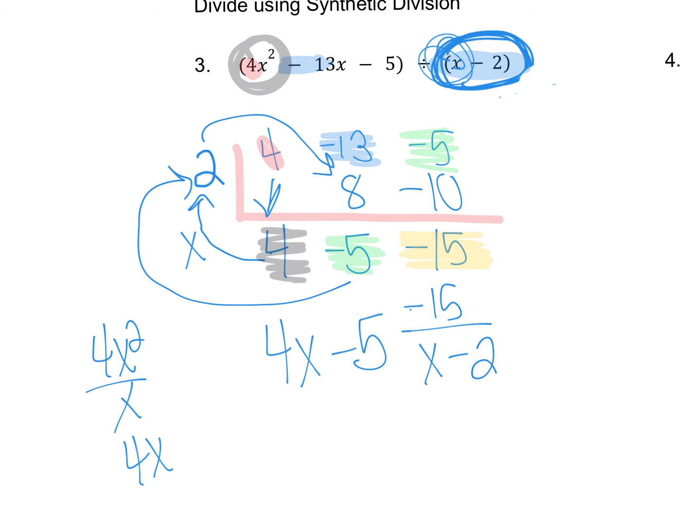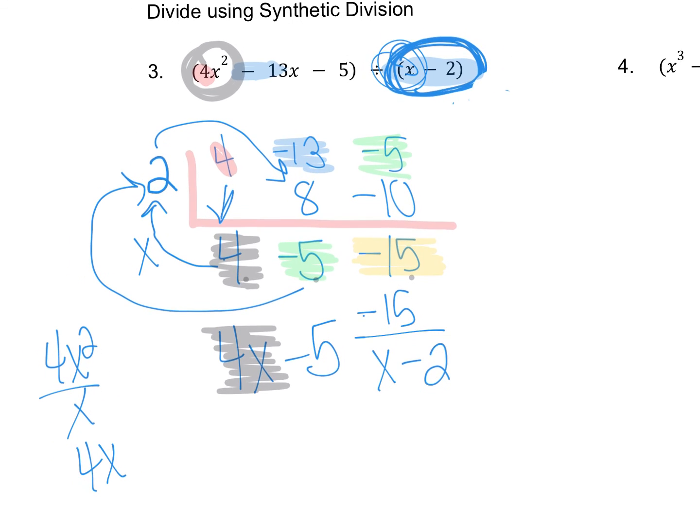When you write your answer, the exponent of this first term is going to be 1 less than what you started with, and then for each term after it, the exponent will go down by 1.